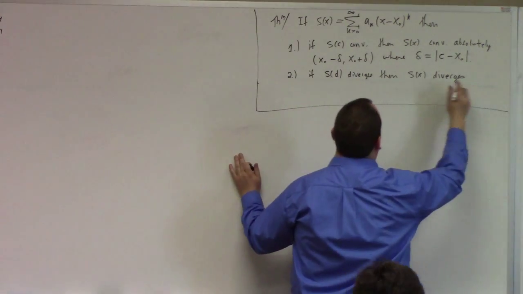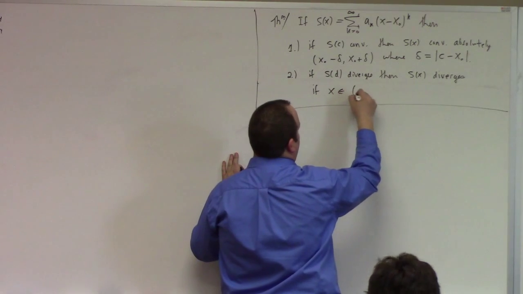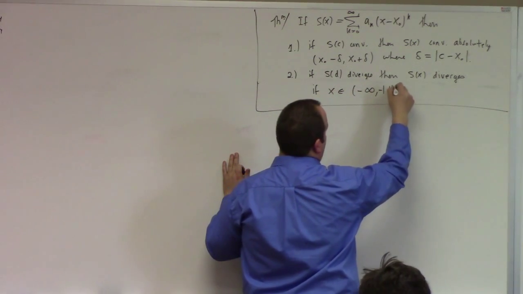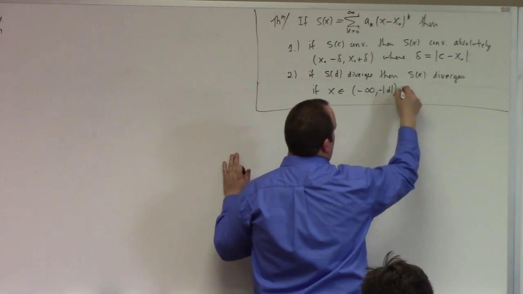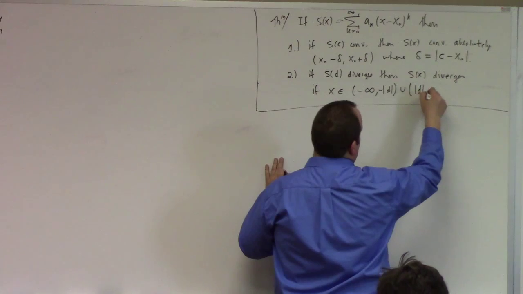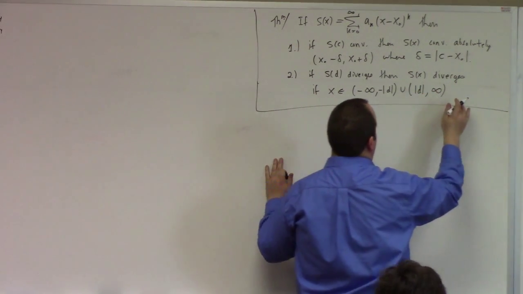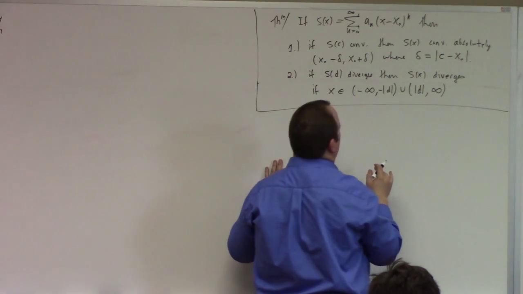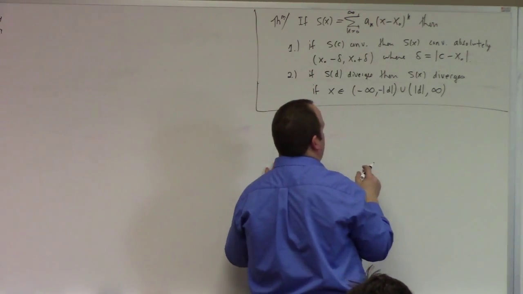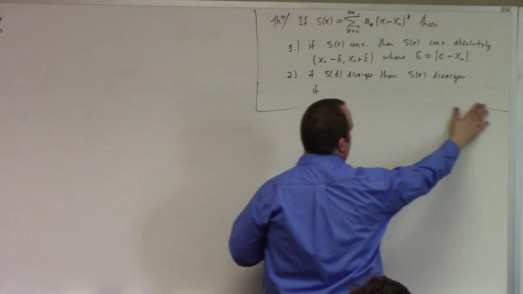S of x diverges if x is an element of minus infinity to minus absolute value of d, unioned with absolute value of d to infinity, this ray. I still haven't said it right. I have to draw a picture to figure out what I should write here.